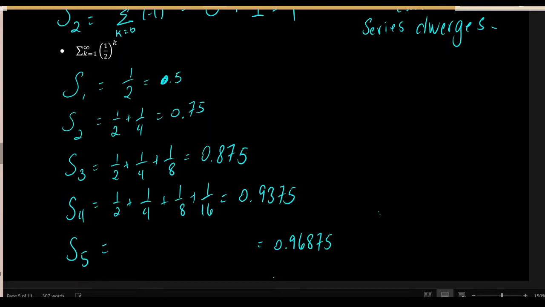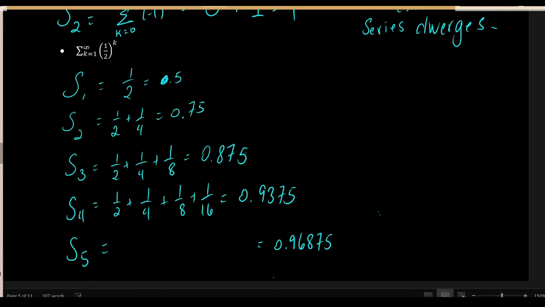When n is equal to 2, then I get 1/2 plus 1/2 squared, which is 1/4. So the result of that is 0.75. S3 works out to be 0.875, S4 works out to be 0.9375, and S5 works out to be 0.96875.